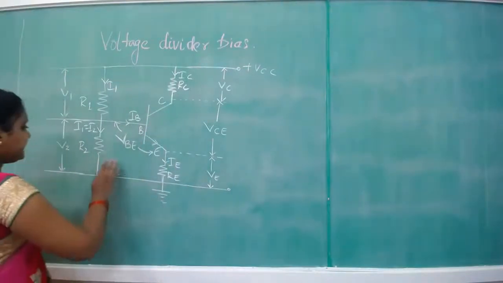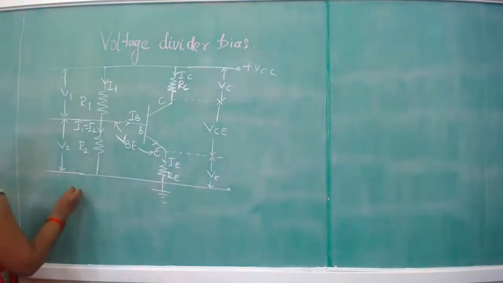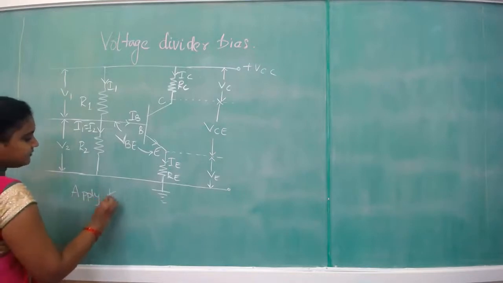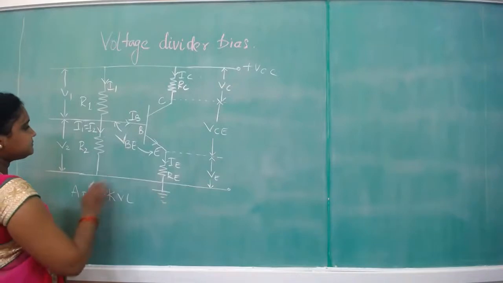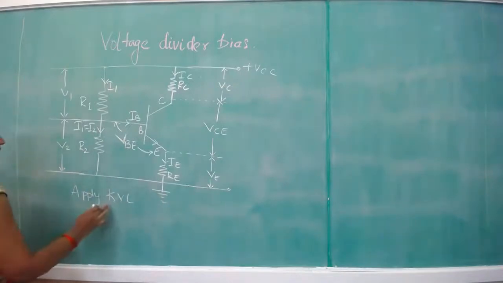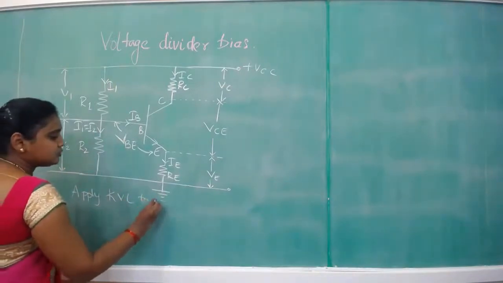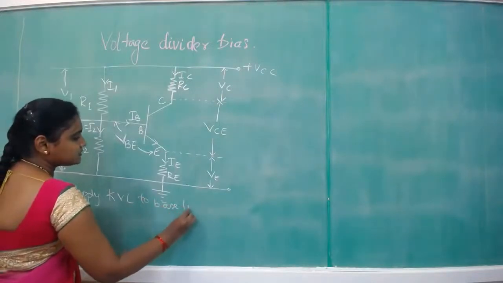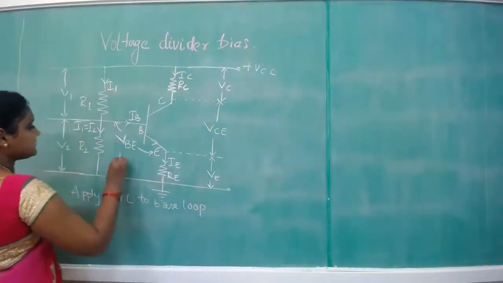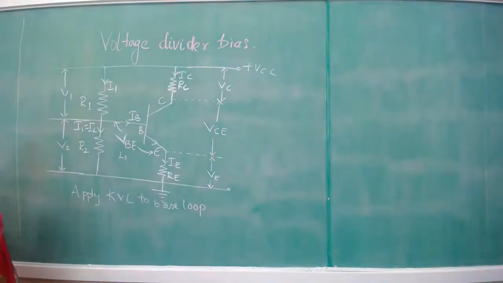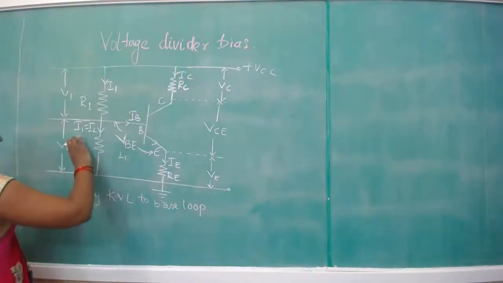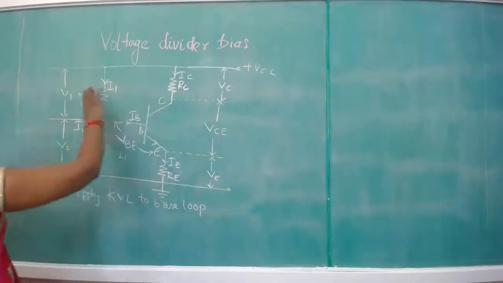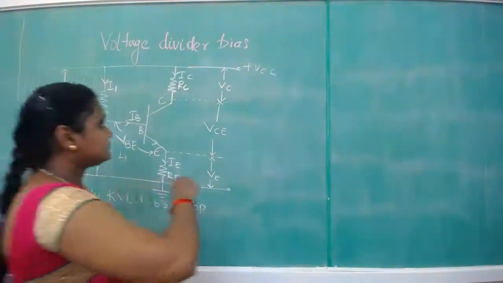For that, I will start from this loop where I am applying KVL. We are applying KVL to the base loop. Otherwise, you can just name it L1 and write L1. So here what we can write is V2. Before that, I am going to write the expression for VCC.